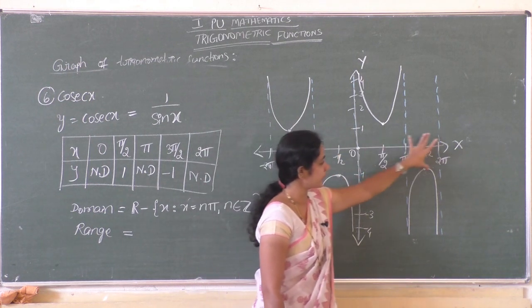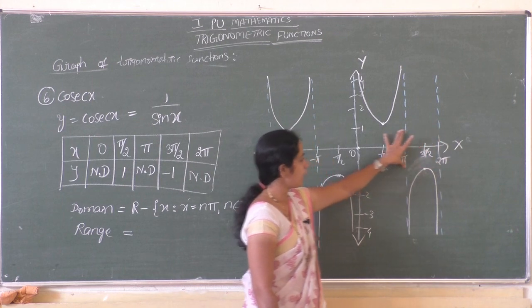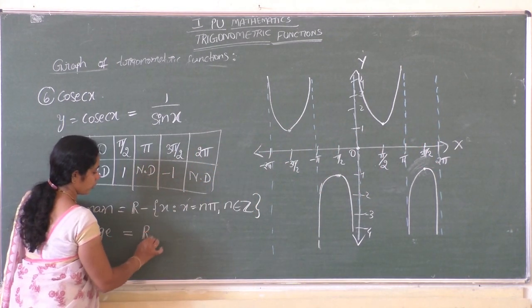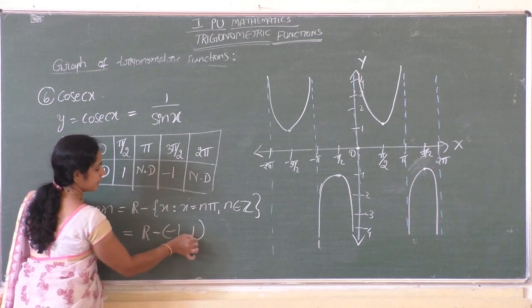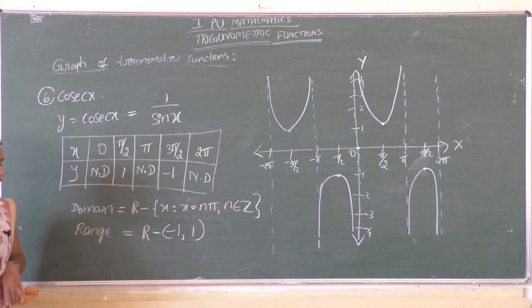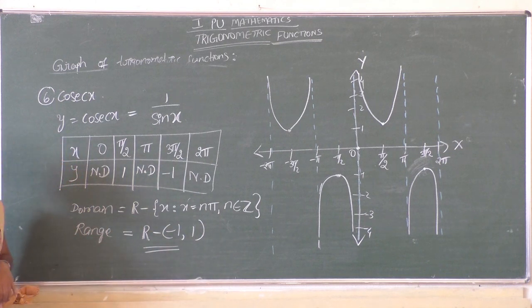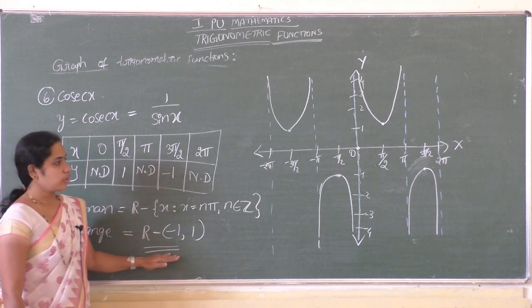So from the set of all real numbers, we have to subtract this interval. That means the set of all real numbers minus the open interval from minus 1 to 1. This is the range of the cosec function.